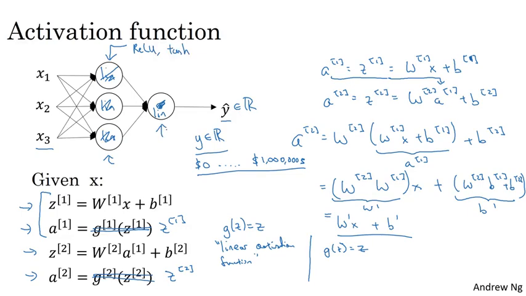But other than that, using a linear activation function in a hidden layer, except for some very special circumstances relating to compression that I won't talk about, is extremely rare. Oh, and of course, if you're actually predicting housing prices, as we saw in the week 1 video, because housing prices are all non-negative, perhaps even then, you could use a ReLU activation function so that your outputs y hat are all greater than or equal to 0.